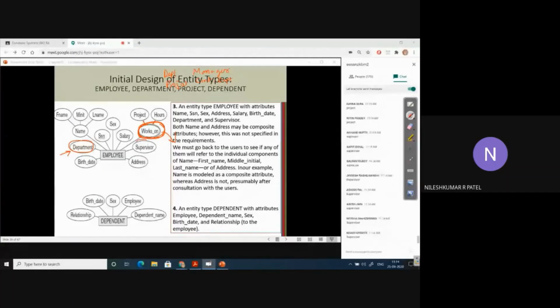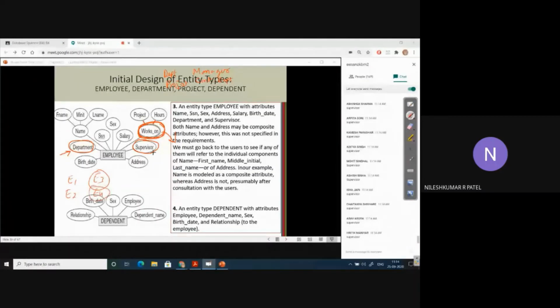Supervisor. So supervisor, he or she is nothing but an employee who is supervising that particular employee. For example, I am an employee E1 and my supervisor is E3. So E3 is himself or herself an employee. If there is an employee E2, his supervisor is E4.